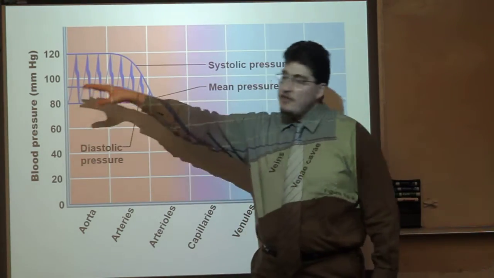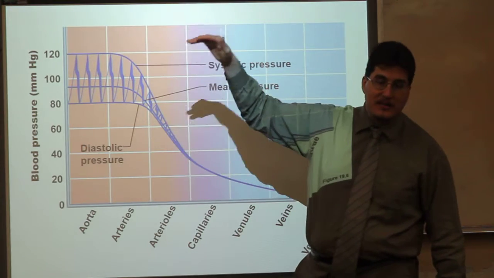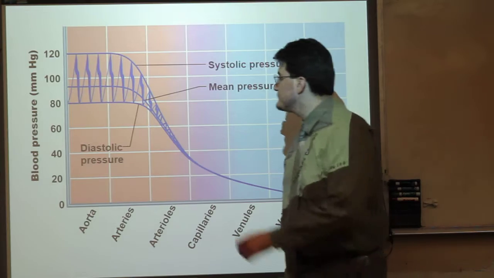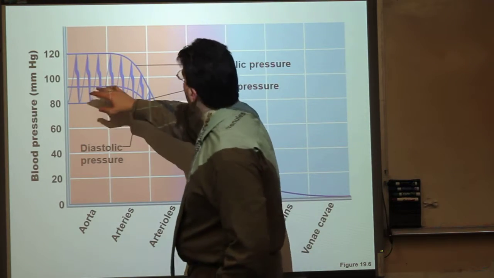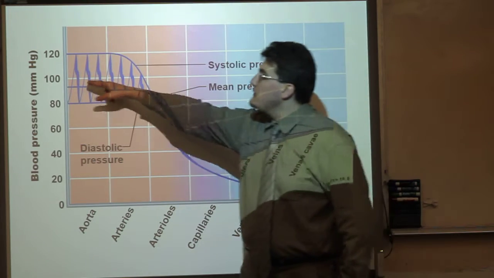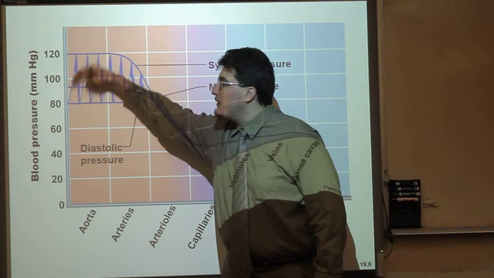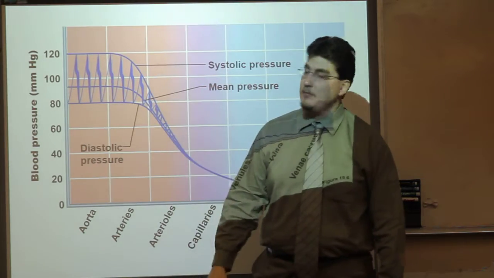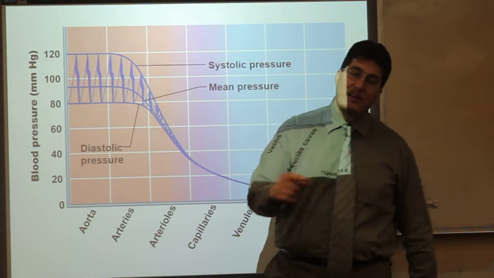Diastolic pressure is when the ventricle is relaxing and blood is no longer exiting the heart. So the mean pressure is lower than an actual average between 120 and 80 here, because the heart spends more time in diastole than it does in systole.